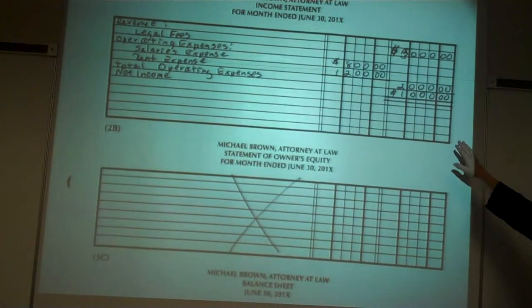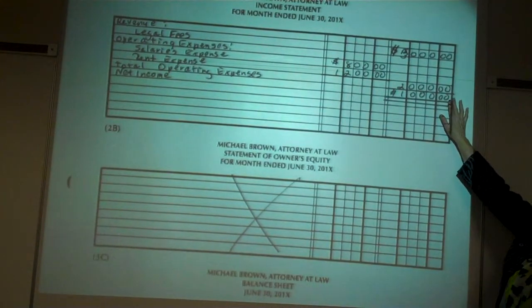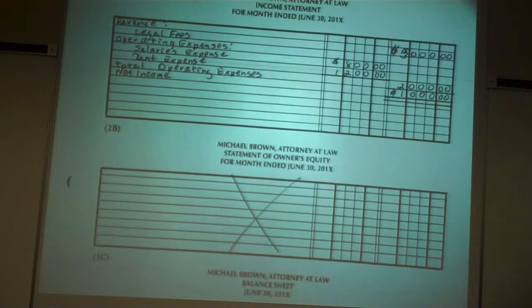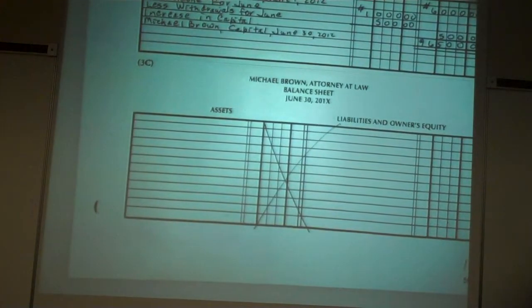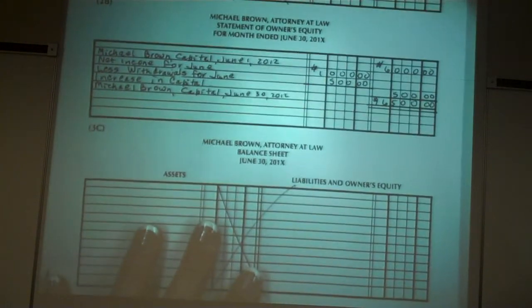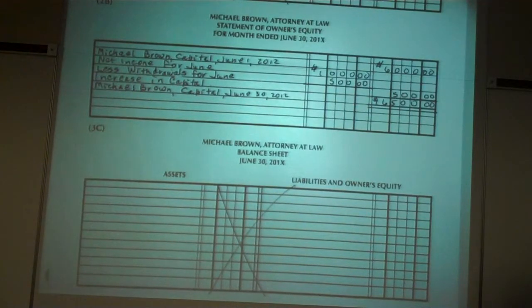Do we have $1,000 here, everybody? Yes. Okay. So what's the second financial statement then that we do? Statement of owner's equity. Okay, the statement of owner's equity. And again, the heading is, if you can see it, Michael Brown, comma, attorney at law, statement of owner's equity for the month ended June 30th, 2014.